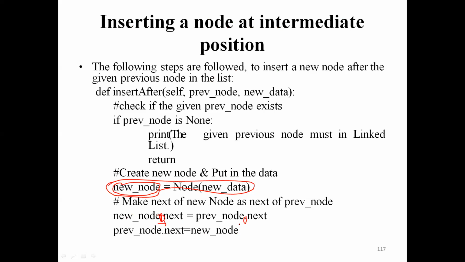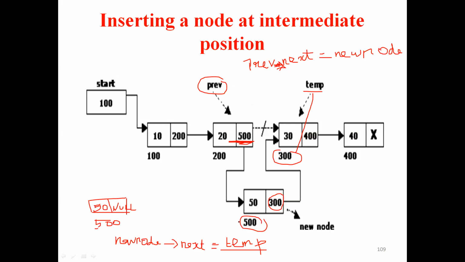What is previous node arrow next? The same thing, both are same. Better to use this one. So these are the two updates you have to do when you are inserting a node at the intermediate position. Okay, done. Guys, are you clear with this?